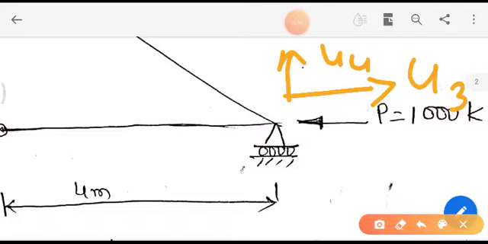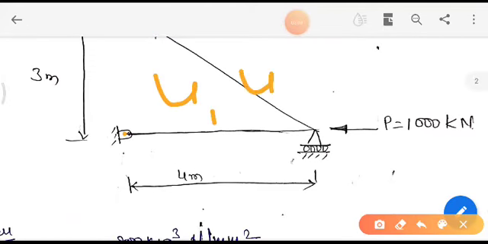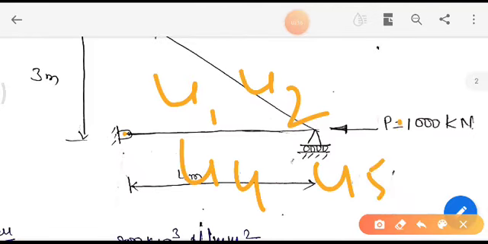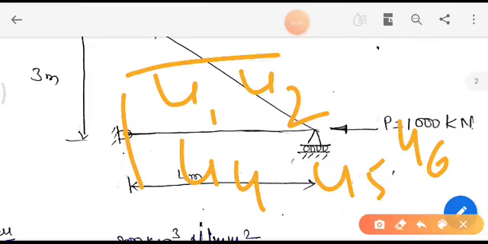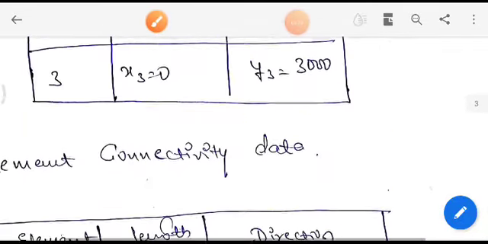So what are the displacements fixed here? In node 1, u1 is fixed and u2 is fixed, in node 2 u4 is fixed, and in node 3 we know that u5 and u6 are fixed. So we need to eliminate these many rows and columns in the equilibrium equation.